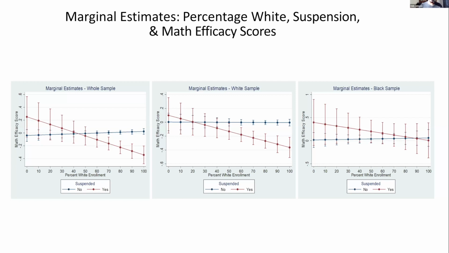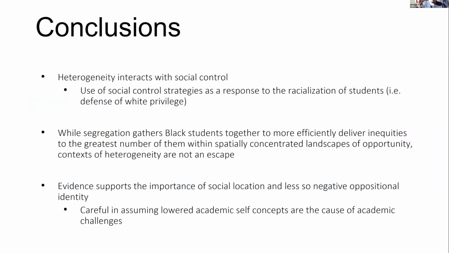So what that is saying is that whatever we observed with the math performance drop off is not because kids were feeling that they couldn't do math, right? That math drop off for Black kids who have been suspended relative to those Black kids who were not really was likely due to the changing percentage of white kids. And you'd be like, well, what does that mean? You know? Heterogeneity interacts with social control, right?